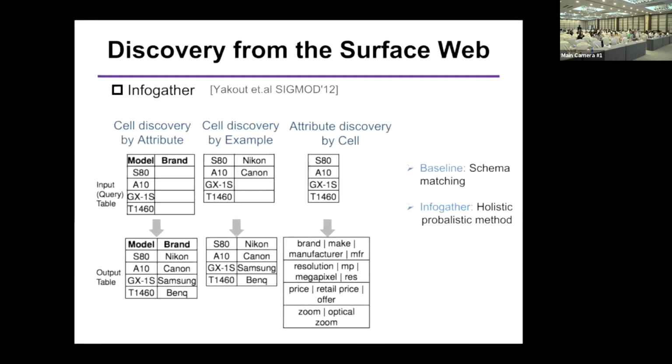First, let's see InfoGather. Suppose we have a query table, namely the base table. InfoGather leverages a vast corpus of HTML tables on the web to discover the missing cells by attributes or several examples. And it can also discover attributes by the cell values.